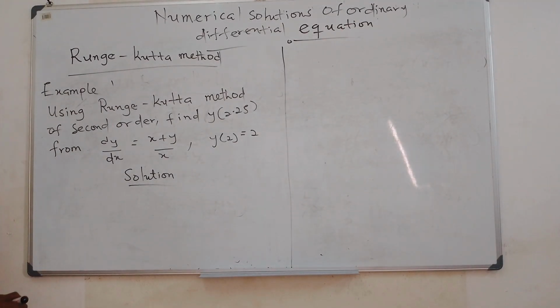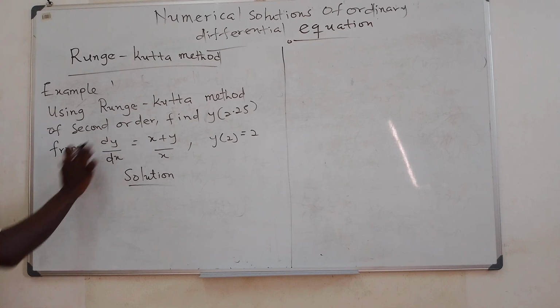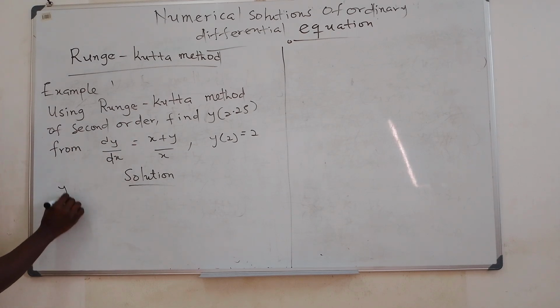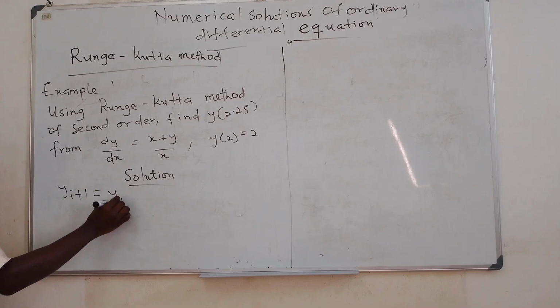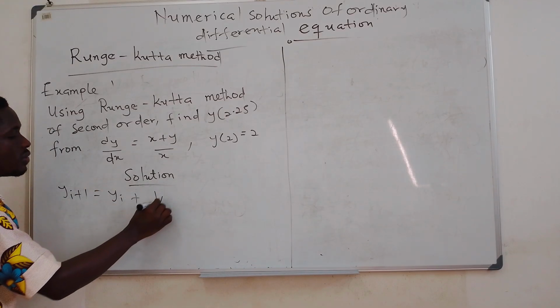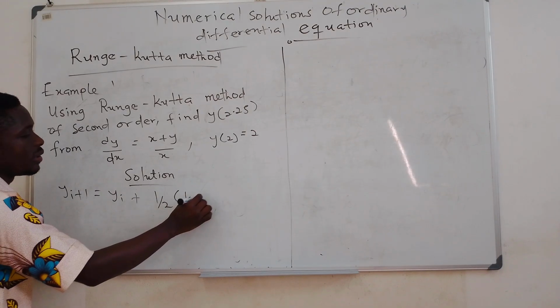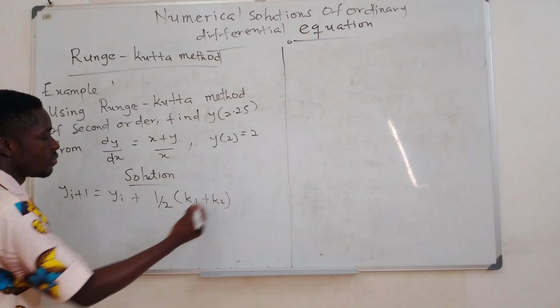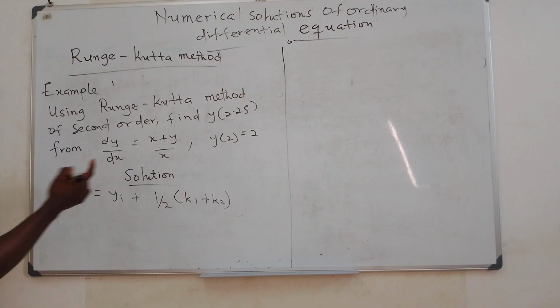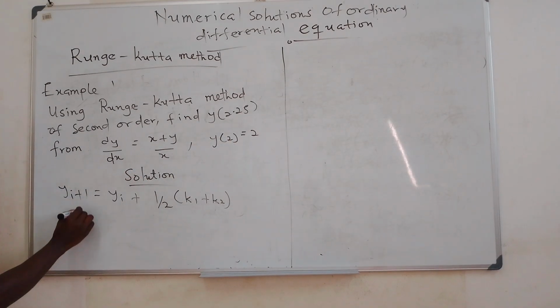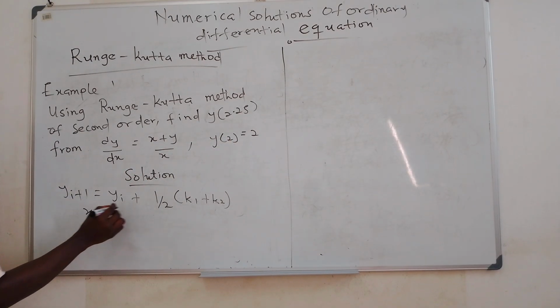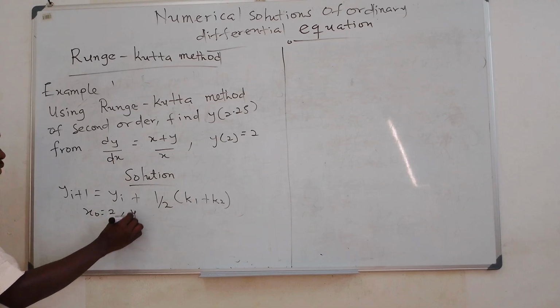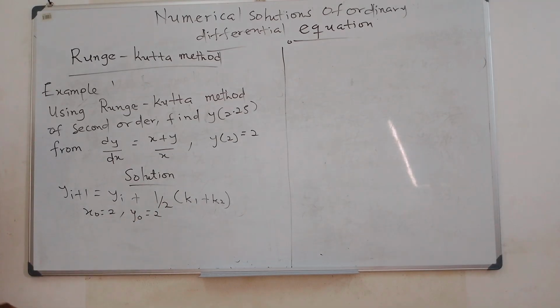So for Runge-Kutta, using the second order method, we know that y i plus 1 equals y i plus 1 on 2 (k1 plus k2). We know our x naught equals 2, y naught equals 2. Very good.